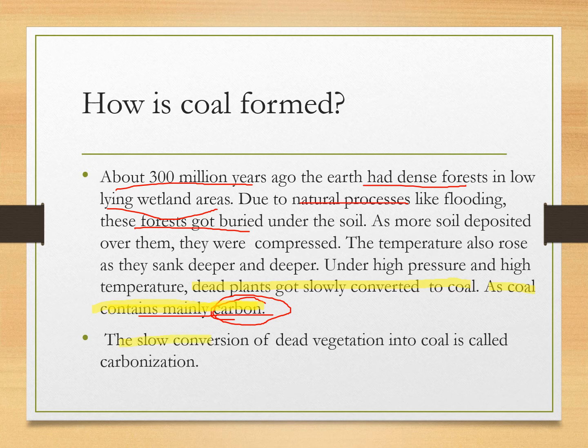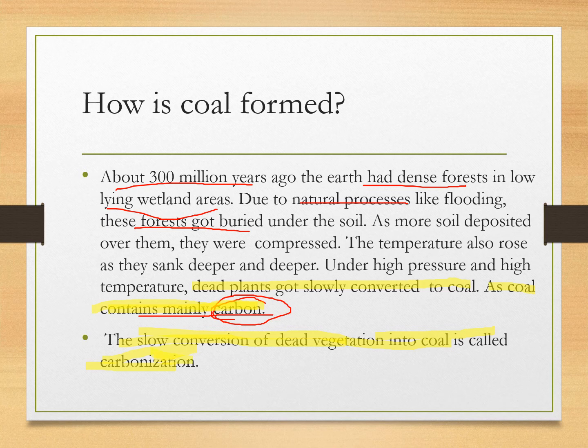The slow conversion of dead vegetation, meaning dead plants and animals, into coal is called carbonization. What is carbonization? Carbonization is the process where dead plants and animals slowly convert to form coal. Such a process is known as carbonization.